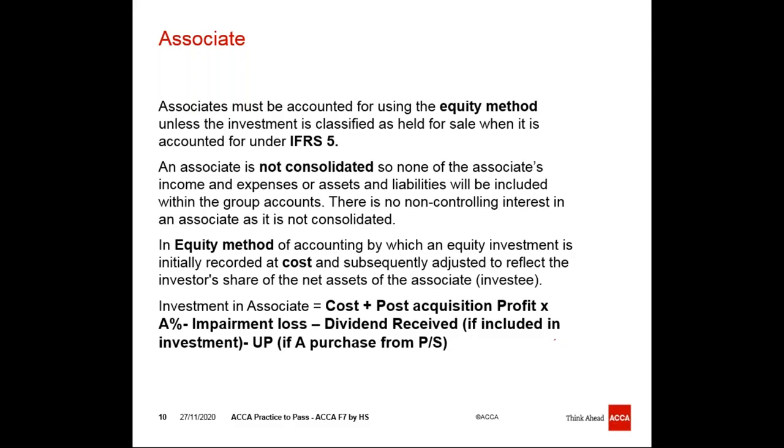So there is a single line adjustment for the associate company. You can see at the bottom of the slide that investment in associate will be measured at cost of the investment plus the share of the post-acquisition profit, minus impairment loss, minus dividend received if it is included in the investment, and minus unrealized profit only if the associate purchased from the parent or subsidiary. So these are the basic requirements for the associate company.